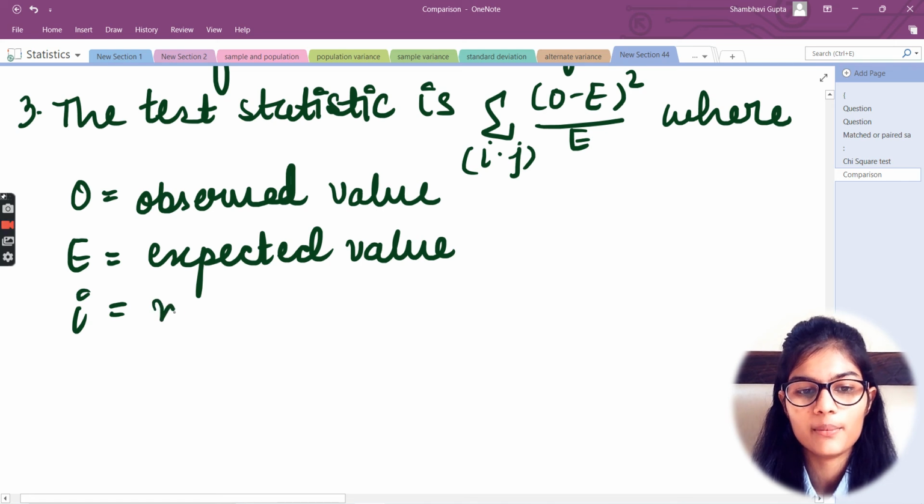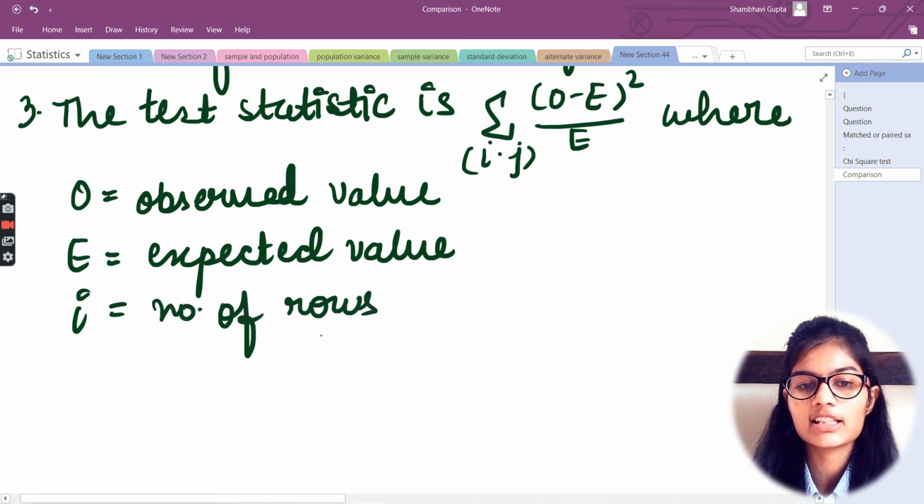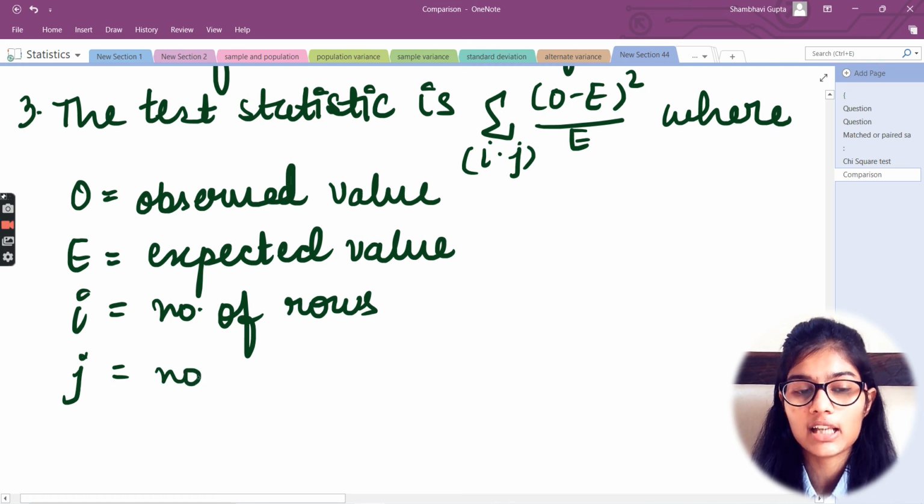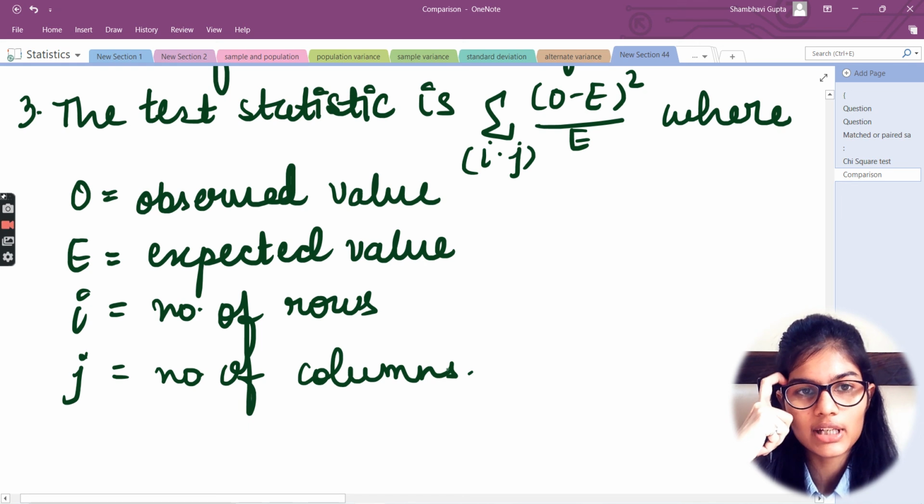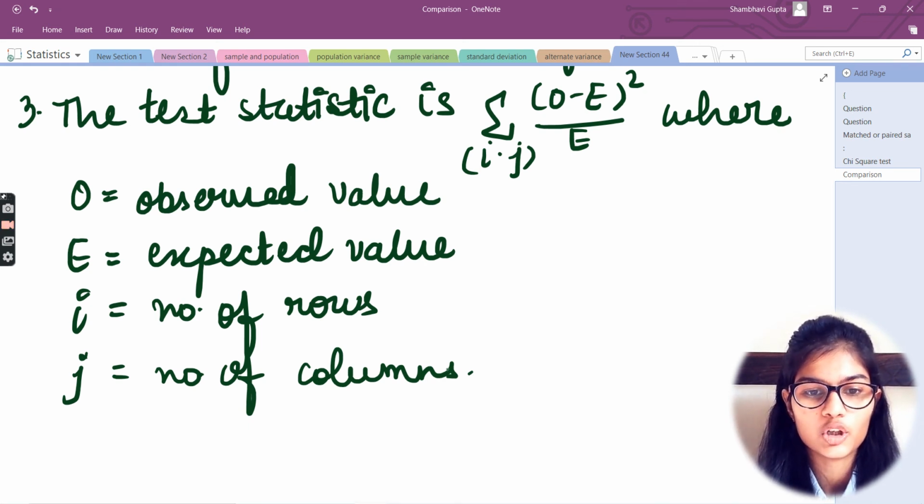I is equal to the number of rows in that table. And J is basically the number of columns that we have. So this is the formula regarding the test of independence, right?